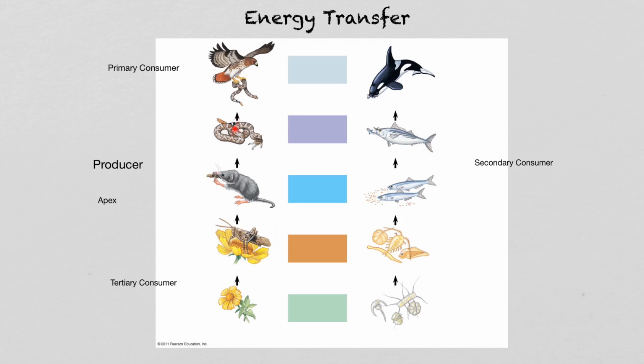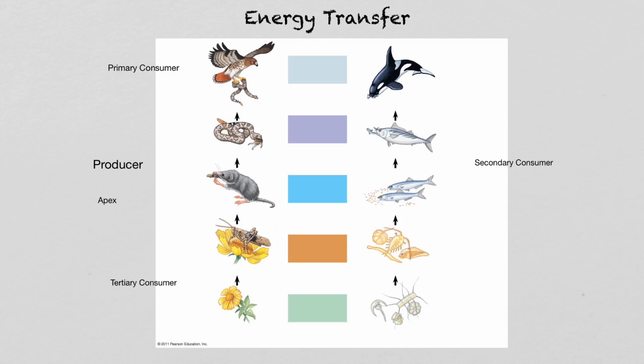The energy from the rattlesnake goes to the hawk. And then from here, we've got the phytoplankton, which goes to the zooplankton. The zooplankton goes to the smaller fish. The smaller fish goes to the tuna fish. The tuna fish goes to the mackerel, I don't know what it is. And then from there, it goes to the orca.